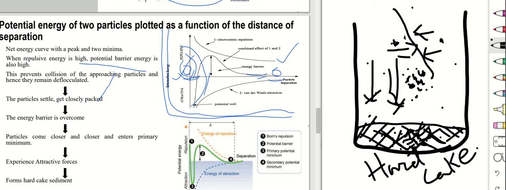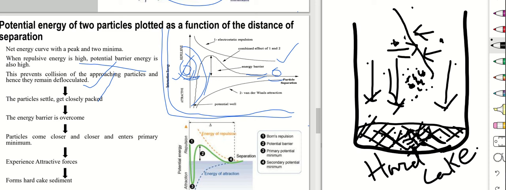So in a deflocculated suspension, during the hard cake formation, the repulsive forces and the attractive forces both play a major role. The higher potential barrier between the particles will make the particles remain as individual entities, and they get settled down.